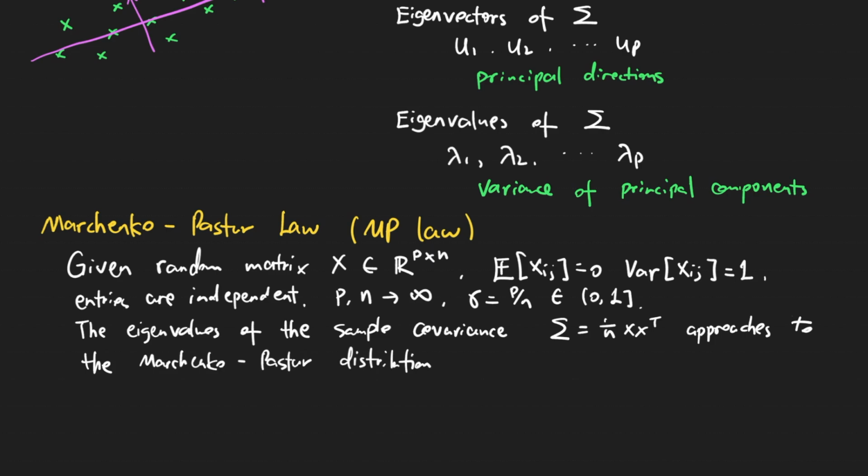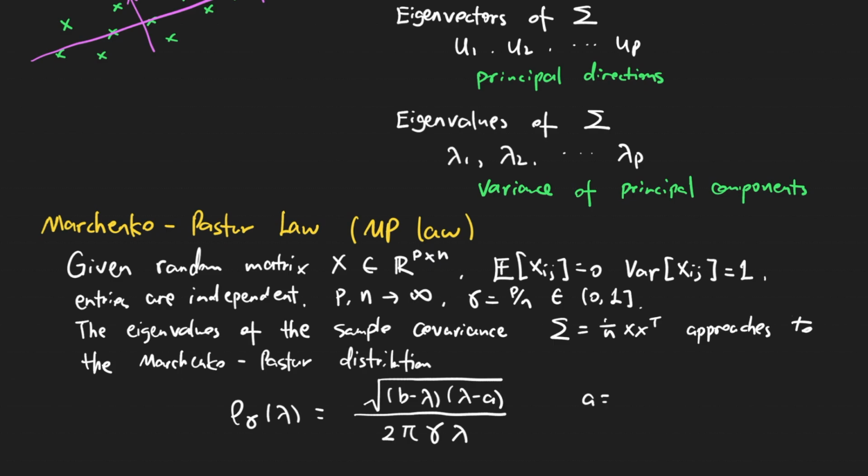The density function of this distribution is given by the following: the denominator is 2 pi gamma times lambda, and the numerator is the square root of b minus lambda times lambda minus a, where a equals (1 minus the square root of gamma) squared, and b equals (1 plus the square root of gamma) squared.